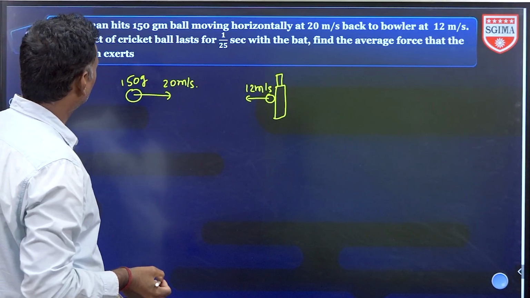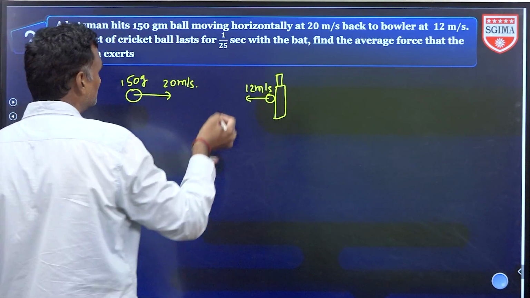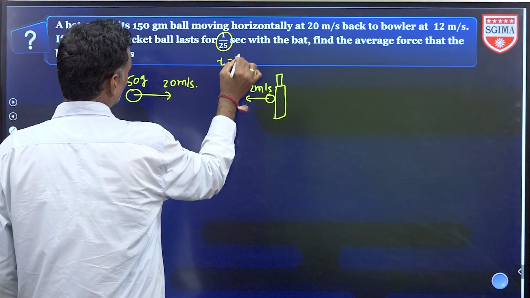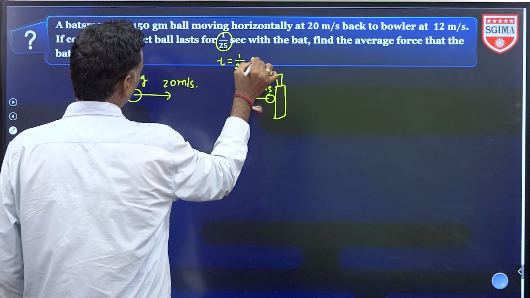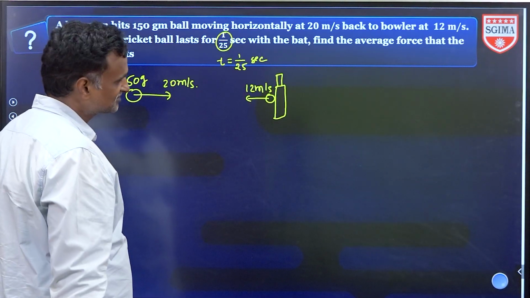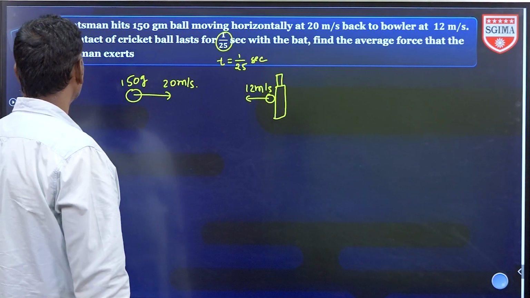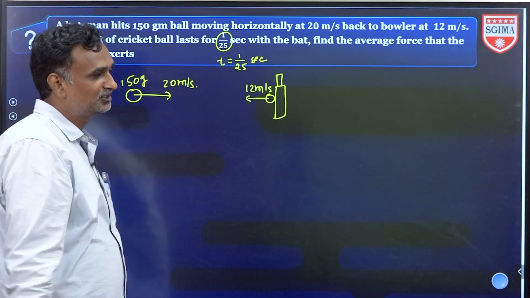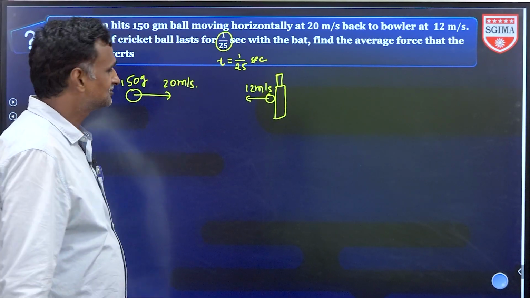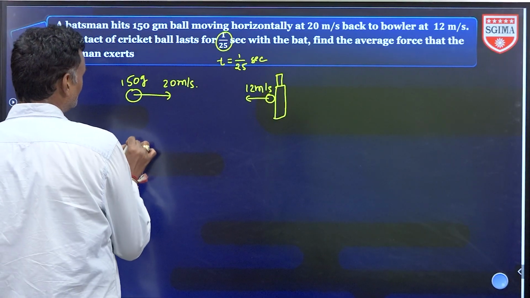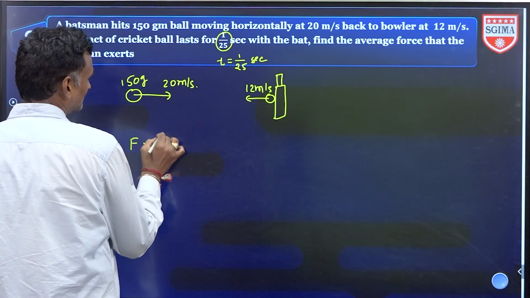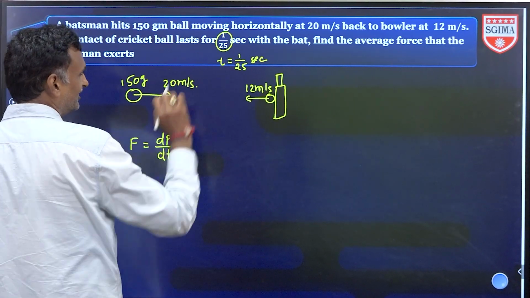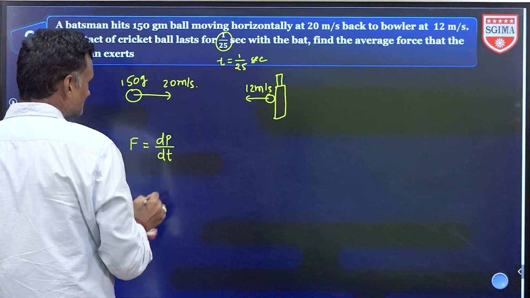If the contact of the cricket ball with the bat lasts for 1 by 25 seconds, which is time equals 1 by 25 seconds, then find the average force that the batsman exerts. Okay, so with what force does the bat act on the ball? Generally we can take, according to Newton's second law, F equals dp by dt, where dt is already given as 1 by 25 seconds.